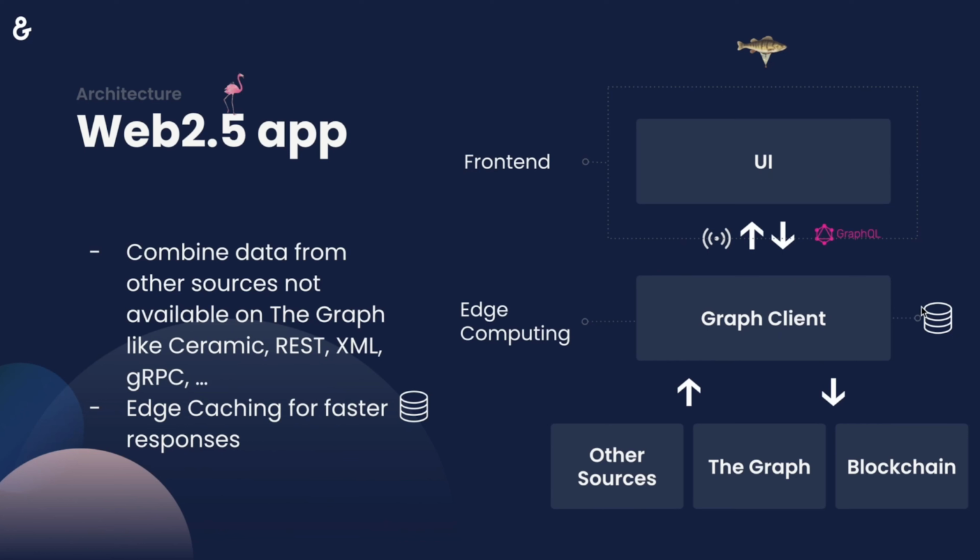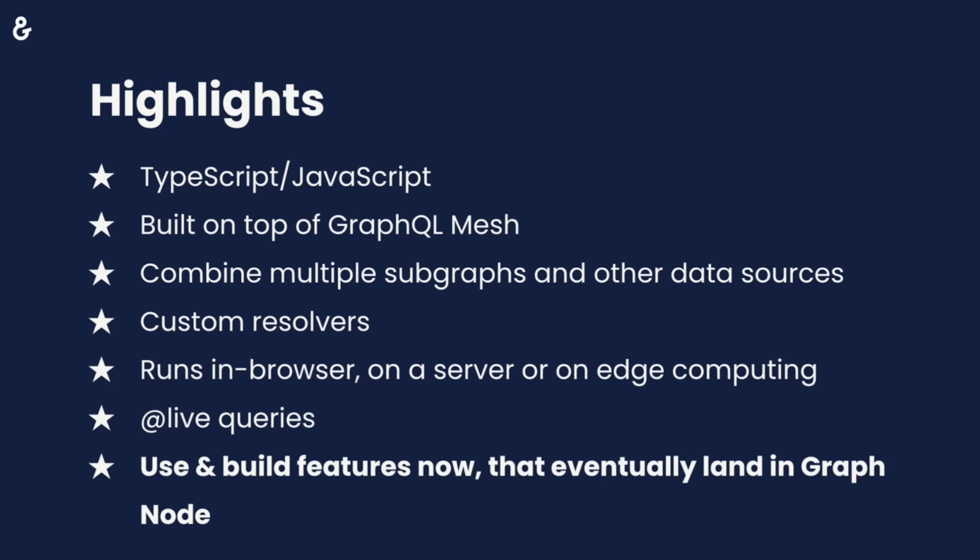So you see the TLDR of all these slides is the graph client is a very flexible tool that can live in different setups. So highlights. It's written in TypeScript and JavaScript. I mean, the Rust people in the group will probably disagree, but I love TypeScript.